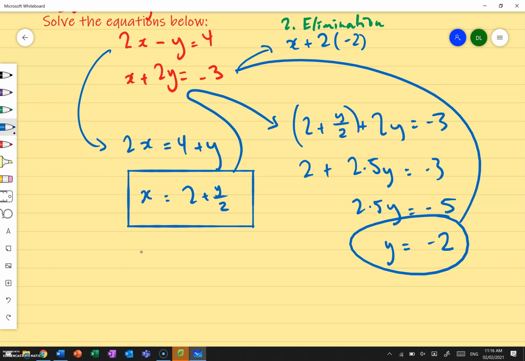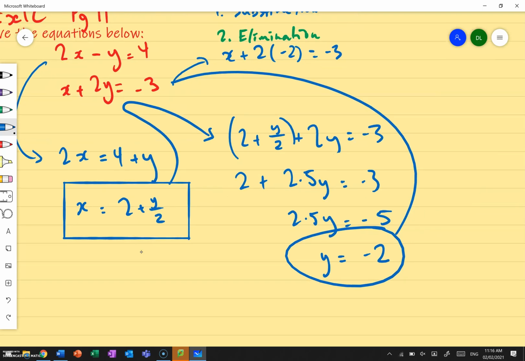So instead of writing y, I write negative 2, so 2 times negative 2 equals negative 3. So that means I've got x plus, what's 2 times negative 2? Negative 4, good. Equals negative 3, and then adding 4 to both sides, I get x equals 1. How do we feel about that one?